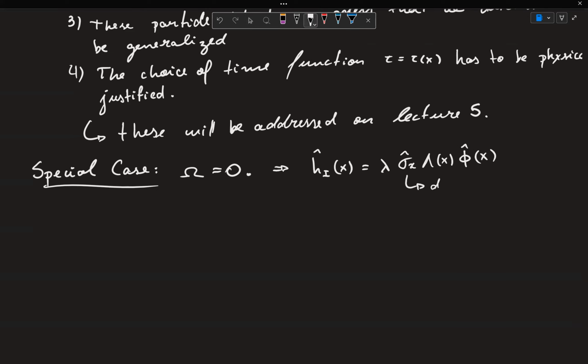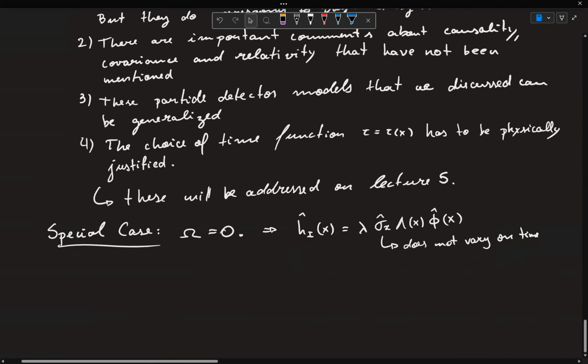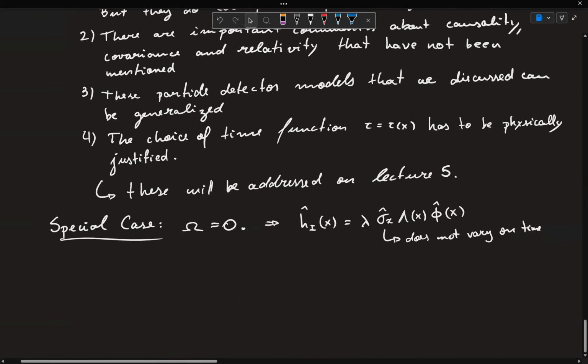If this doesn't vary in time, there is a way of computing the final state of the detector analytically, with no expansion, non-perturbatively. So you don't need to assume that lambda is small or anything like this. The way to do this is to use the Magnus expansion.